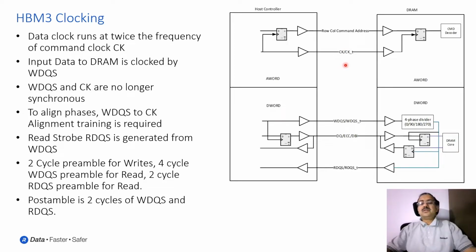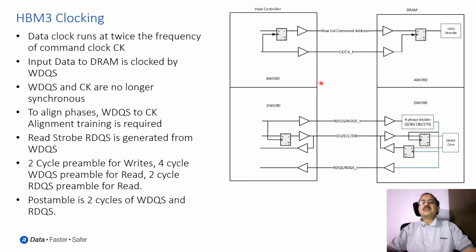Now at the HBM2E generation, the speed was up to 3.6 Gbps, so the clock was at 1.8 GHz. Now with 6.4 Gbps, the challenge became to nearly double the clock frequency for the command bus.